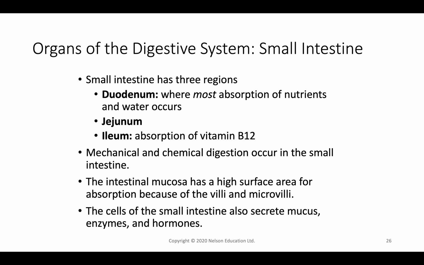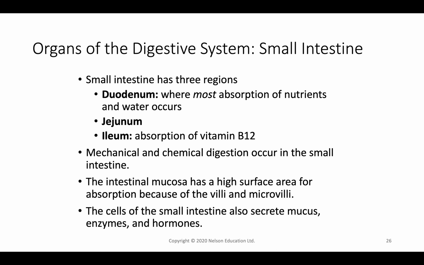In the small intestines, we're going to enter into 3 regions. The first is the duodenum, the second is the jejunum, and the third is the ileum. The duodenum is what we were talking about when we talked about the secretion of the bile and the pancreatic juices. It's also going to be where most of the absorption of nutrients and water occurs. In the small intestines, we're going to have both mechanical and chemical digestion.